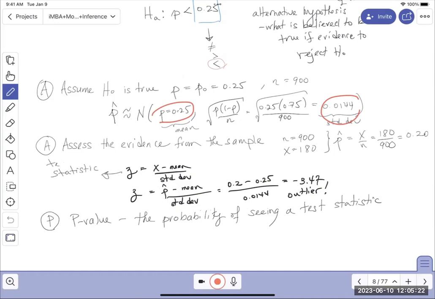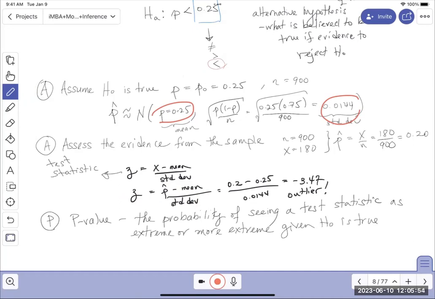We're going to call it the test statistic. It's a statistic because I'm calculating it from the results of a sample. The probability of seeing a test statistic as extreme or more extreme, given H naught is true.